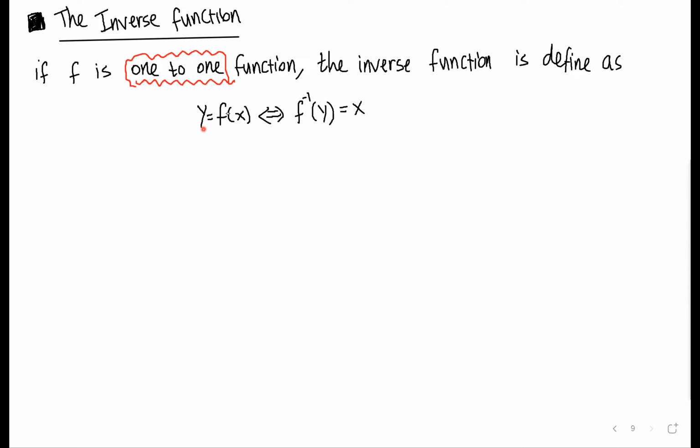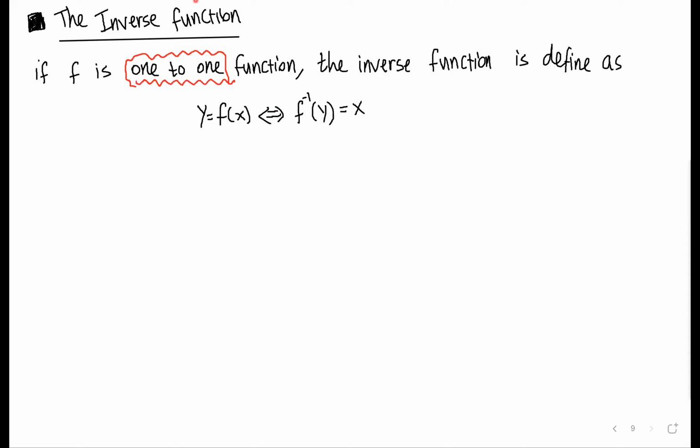So if y equal f of x, I take the f inverse of both sides, f inverse of y equal f inverse of f of x, and f inverse and f cancel each other, so I get x. So this is the relationship of the inverse.